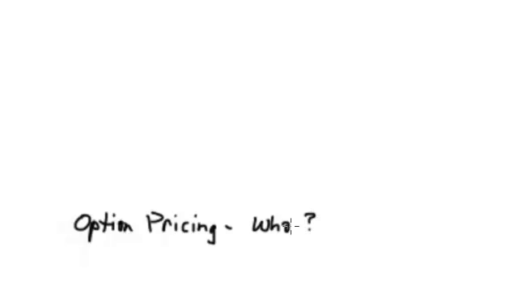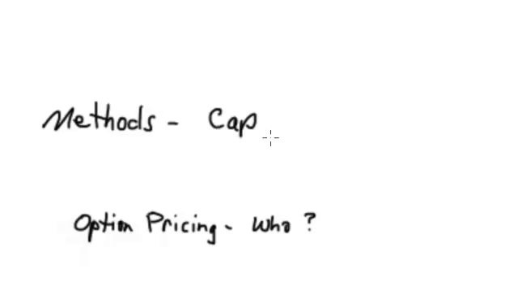Well, I don't know. We have another video called Option Pricing: Who Took My Upside? And in this video we discussed the different crediting methods insurance companies use, and the major three they use are caps, spreads, and participation rates.